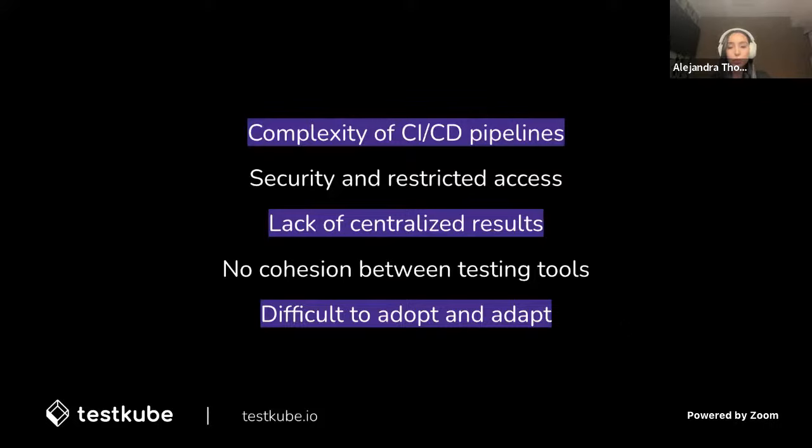You may be using tools to tackle different types of tests, but it's hard to bring them together. And there's also this difficulty to adapt and to navigate. For those that aren't familiar with Kubernetes at all, testers should be able to focus solely on testing without forming this dependency and bottlenecks with DevOps and platform engineers.